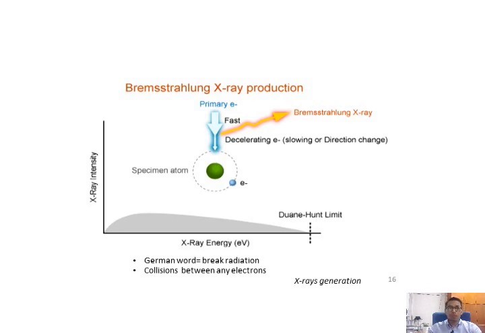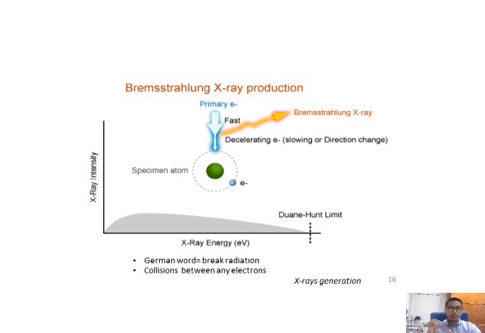So we see that we have the primary electron from the heated filament going to the specimen, which in this case, in the X-ray tube, is the metal target. So the primary electron will hit the specimen or the metal target, producing some electrons that are kicked out from the system. The electron that is knocked out from the system will definitely produce a vacancy.